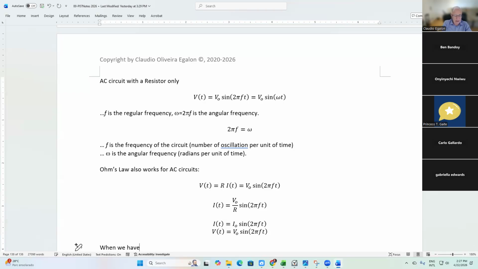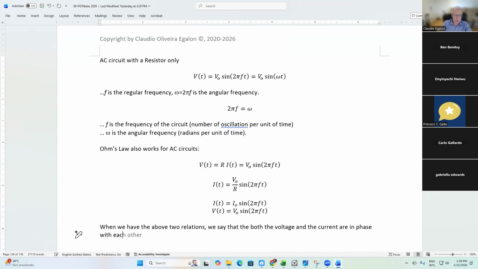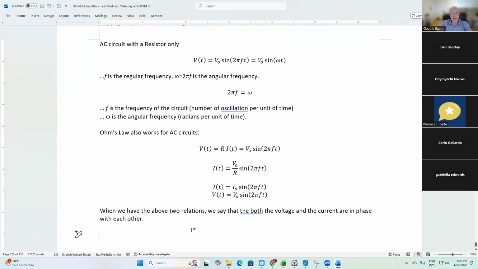When we have the above two relations, we say that both the voltage and the current are in phase with each other. Okay? They are in phase.